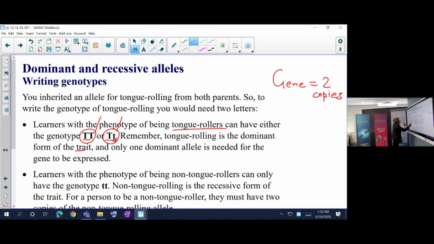And only one dominant allele is needed for the gene to be expressed. We'll find out how we describe these two situations when we introduce the next term. But for now, it's very important to note that in complete dominance, as long as one of the alleles is dominant and the other one is recessive, the phenotype will always be what? Dominant.